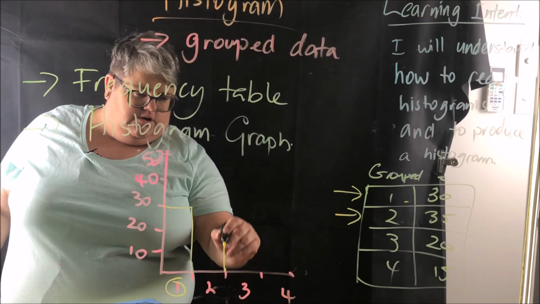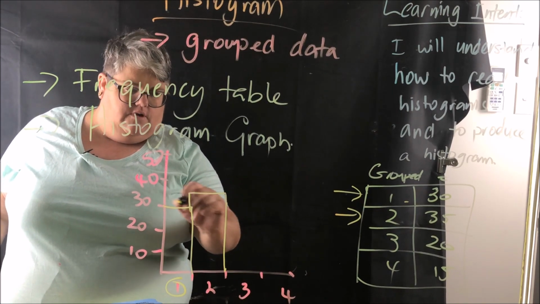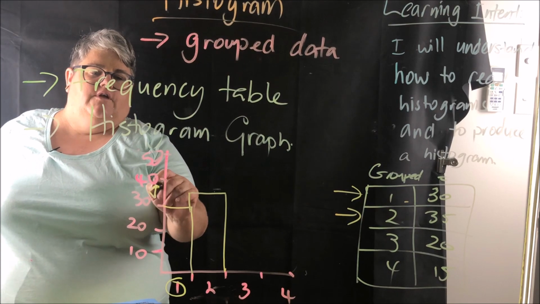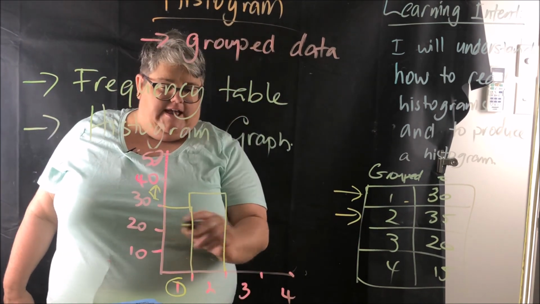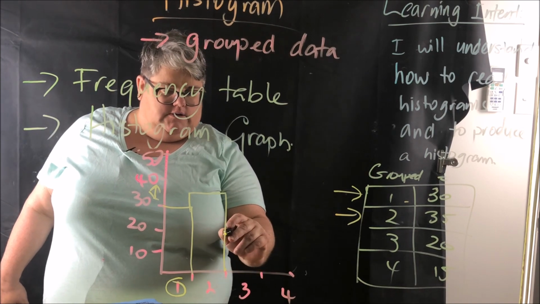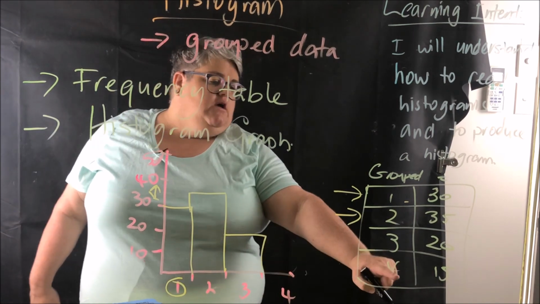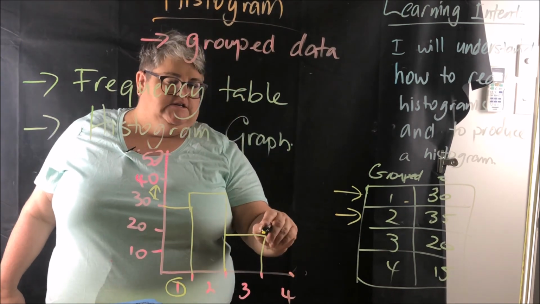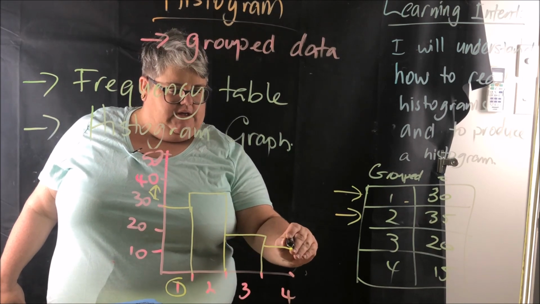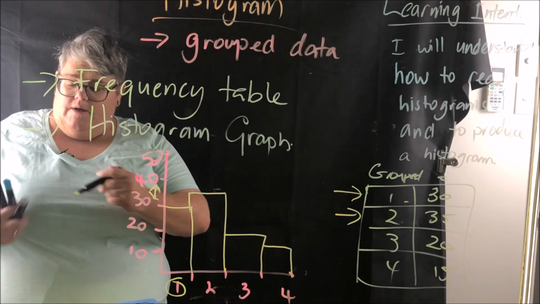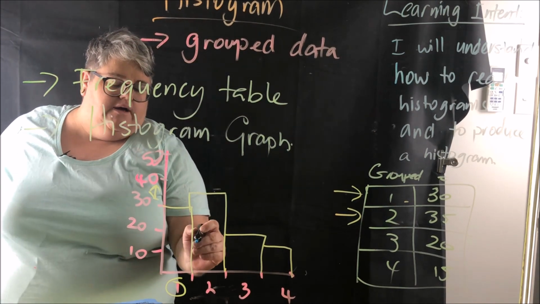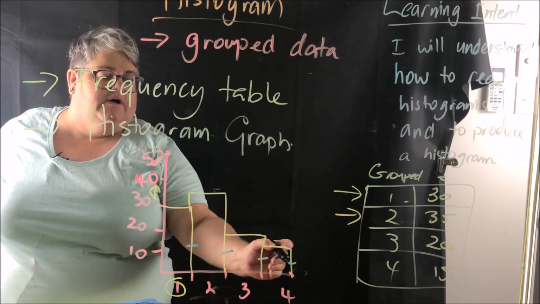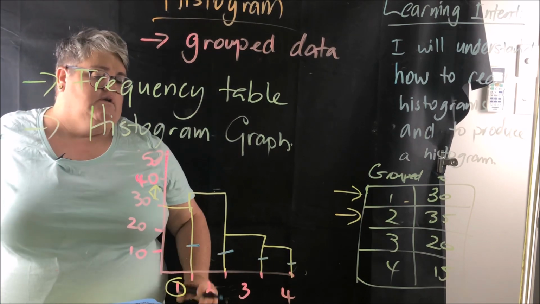So we're going to go about halfway through the 30 and the 40 there. Group number 3 only has 20, so we go across here. And group number 4 is 15, so it's about here. Like before, there's no spaces in between each bar, so that is correct, how we've got it.